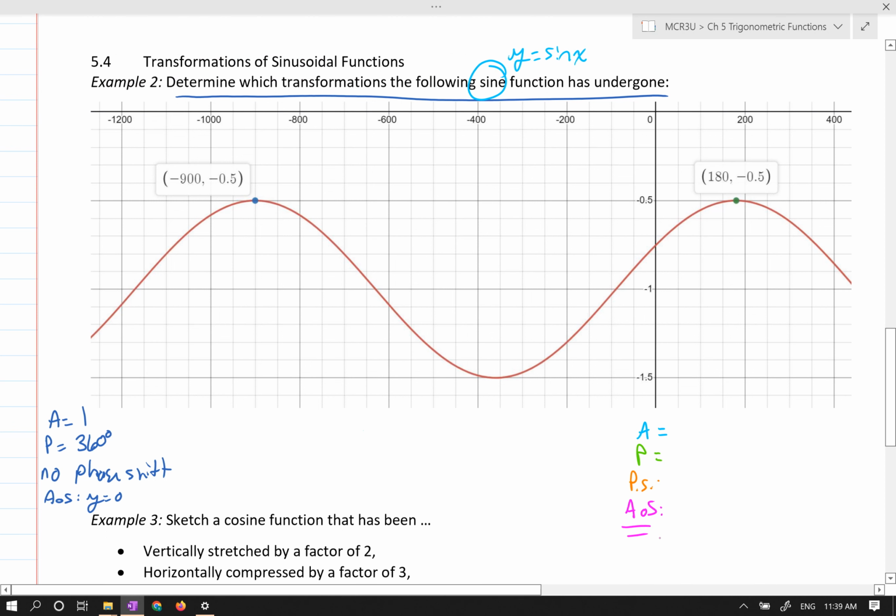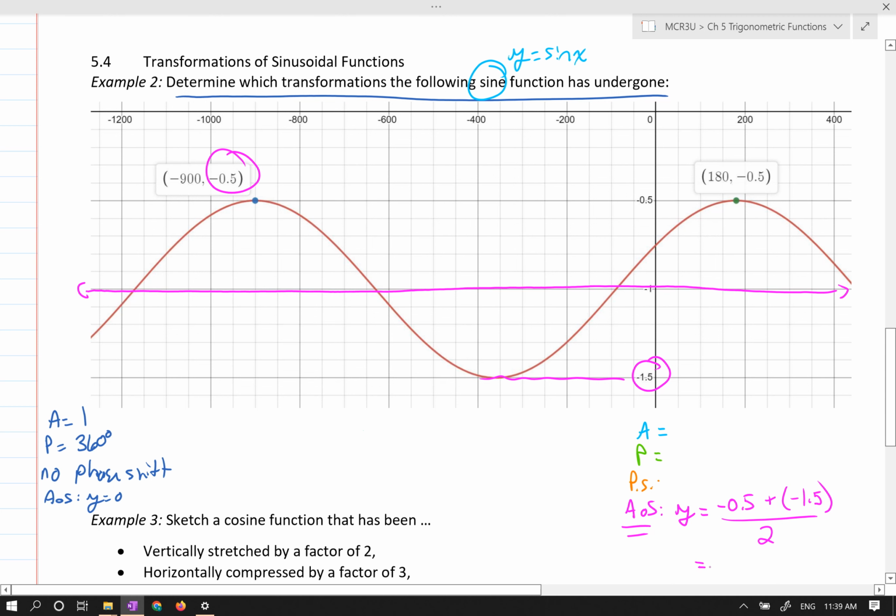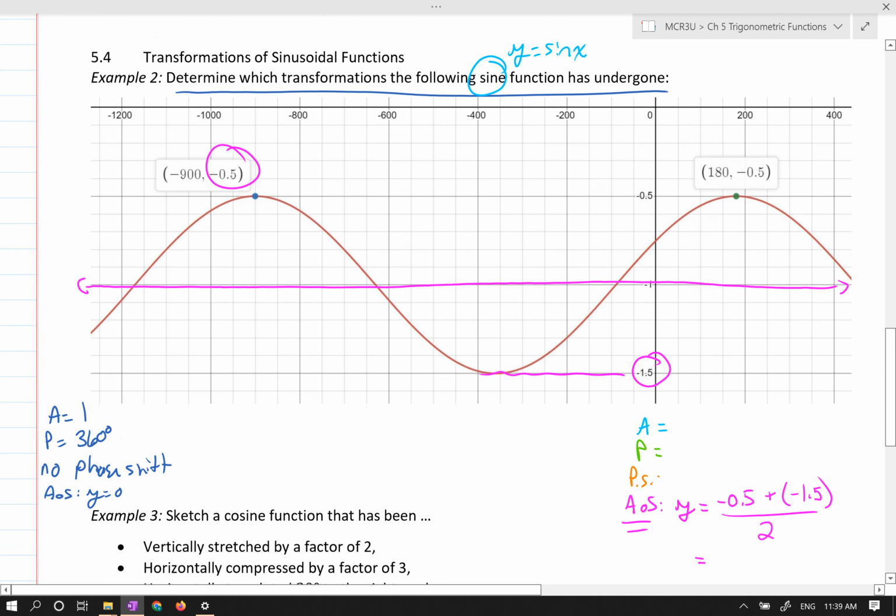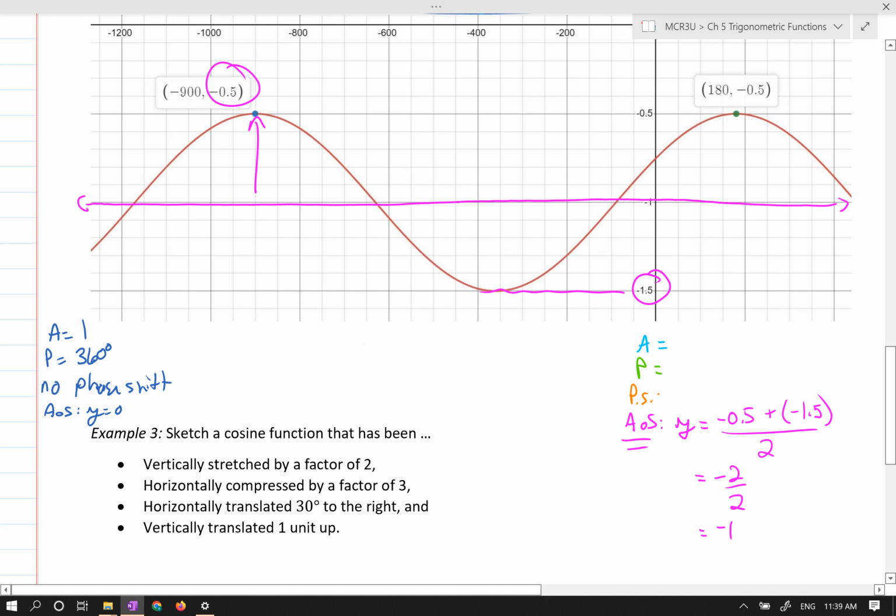Oops. Let's fix this. That's y equals negative 0.5 plus negative 1.5, so I'm adding them up, dividing by 2. Negative 0.5 plus negative 1.5, that is negative 2 divided by 2. Okay, so my axis of symmetry is at negative 1. That is halfway exactly between my maximum and my minimum.